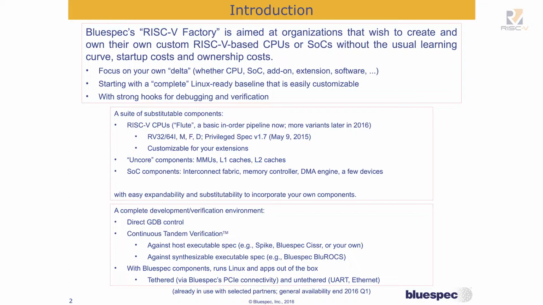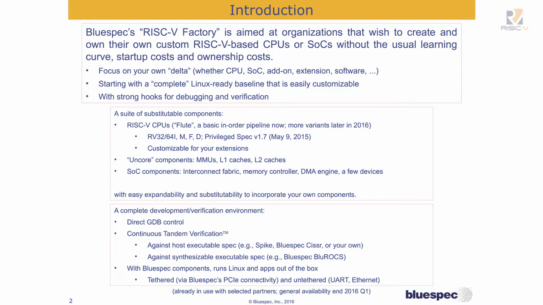They're happy to take an existing CPU and want to do something special on the SoC side. They want to do software development on RISC-V, et cetera. So the idea is to have an out-of-the-box system that's ready to go, which is easily substitutable with various other pieces. So the customer can focus on the delta that they're trying to bring forward.